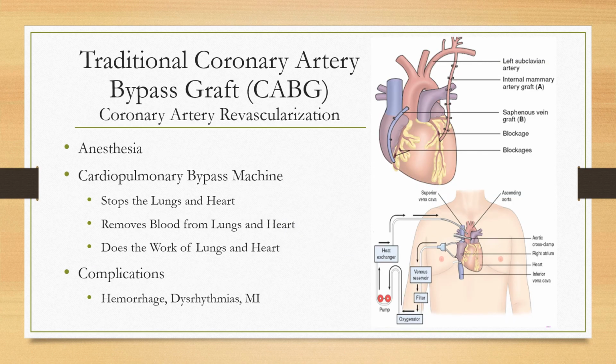Okay, so I won't spend too much time on a CABG or a coronary artery bypass graft. It's a pretty significant surgery. I'm going to tell you, with more and more PCI being done, you don't see as many patients going for CABGs as we used to years ago, okay? And there's two ways of doing it.